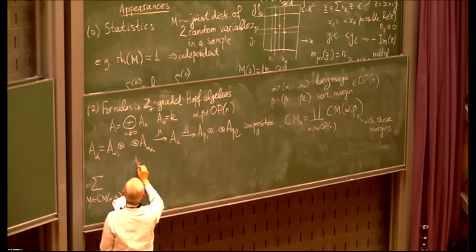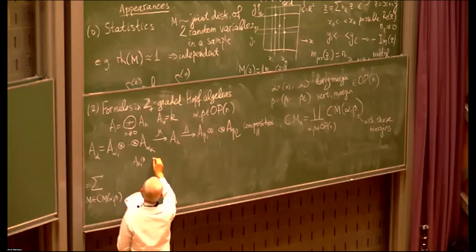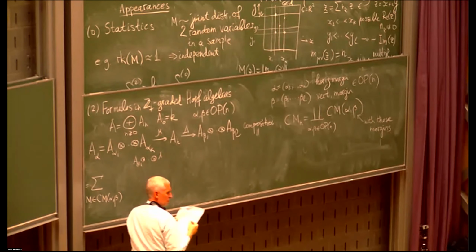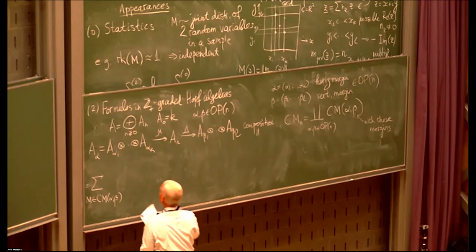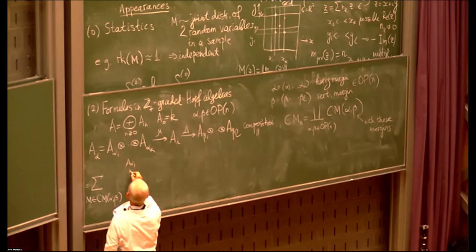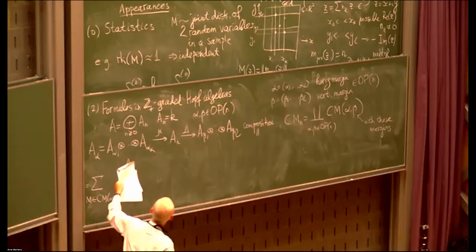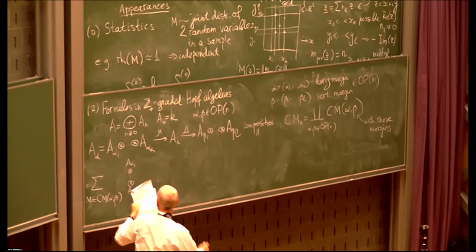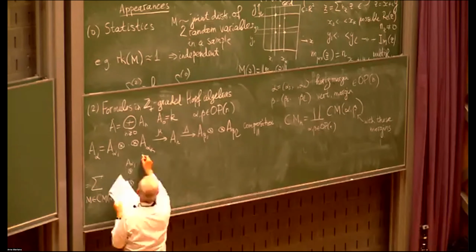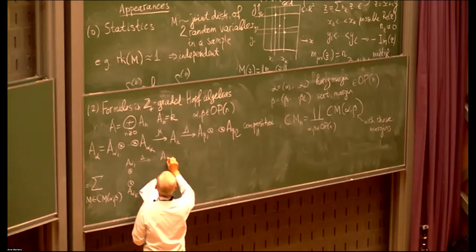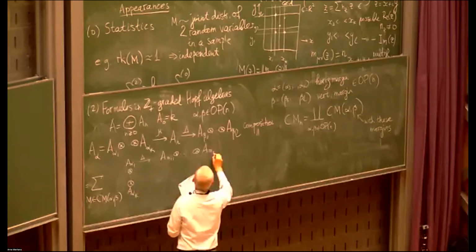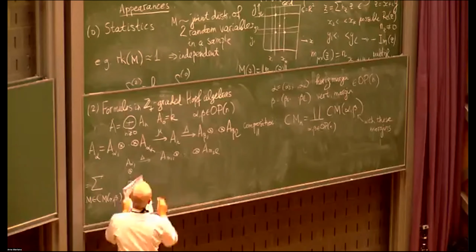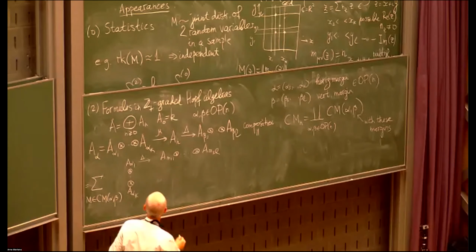A_alpha1 tensor through A_alphak, and each of them I can co-multiply. So I do this by delta into A_M11 tensor through A_M1L, and so each of them I co-multiply along the rows of the matrix, down to A_MK1 through A_MKL.